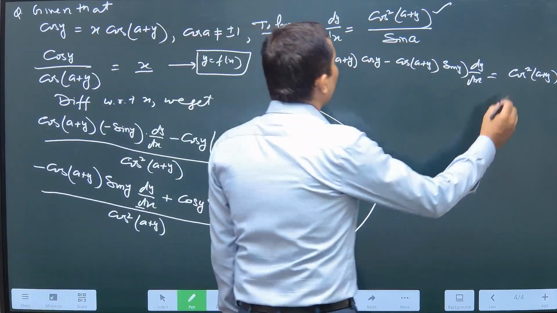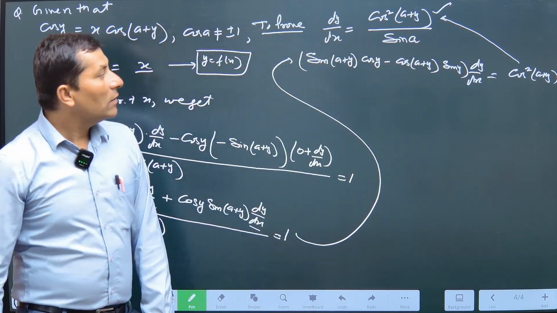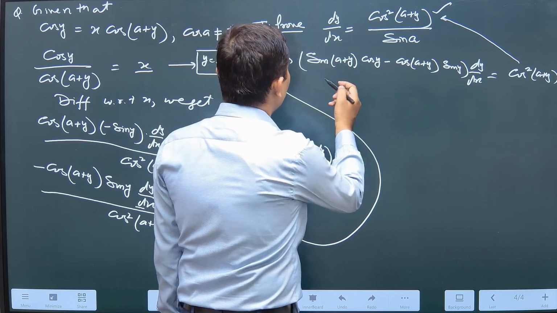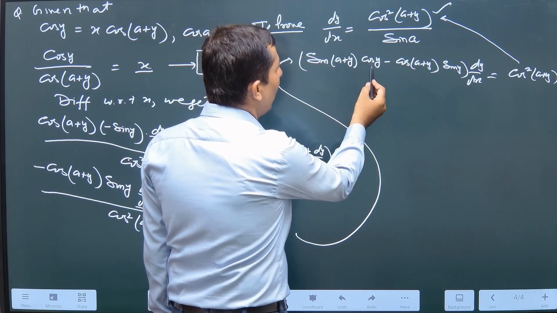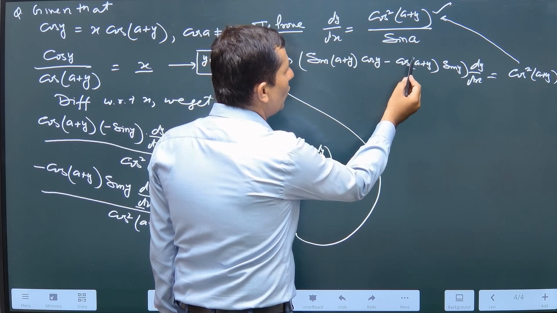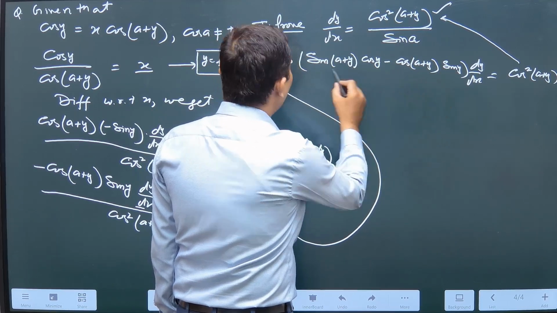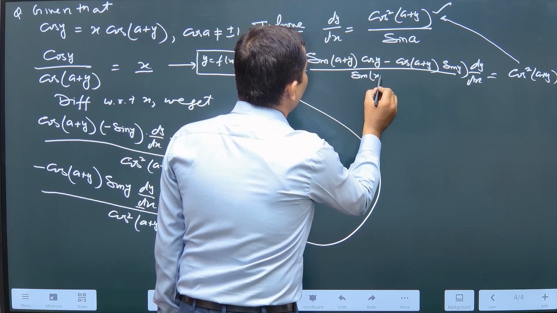आप लोगों ने इन केस ऑफ प्रूफ आपको नॉमिनेटर मिल चुका है। Now see this identity: sin x cos y minus cos x sin y is sin(x minus y). यू कैन यूज दिस आइडेंटिटी.